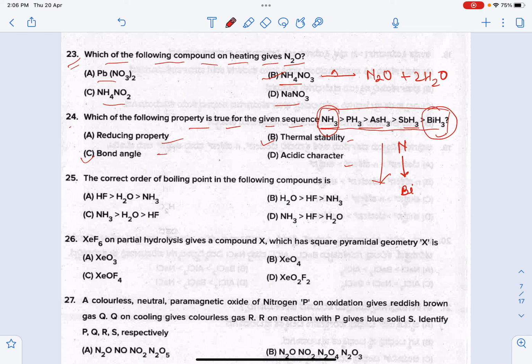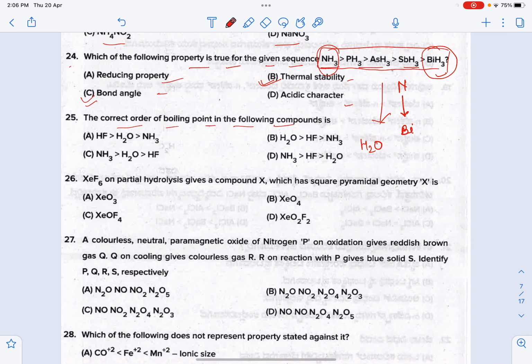Next question: the correct order of boiling point in the compounds H2O, HF and NH3. As you know, boiling point depends on hydrogen bonding, and all three compounds form hydrogen bonding: the H-O bond, the H-F bond, and the N-H bond.